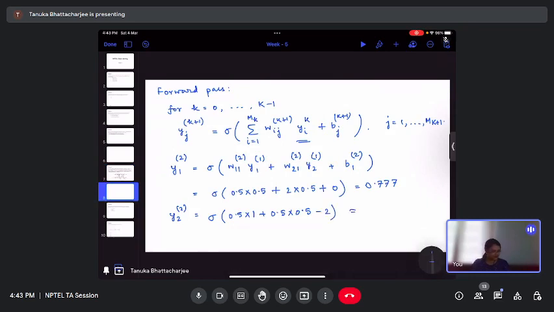If you do that, you will get 0.223. So these are the two outputs for your network with the initialized weights and the input given.